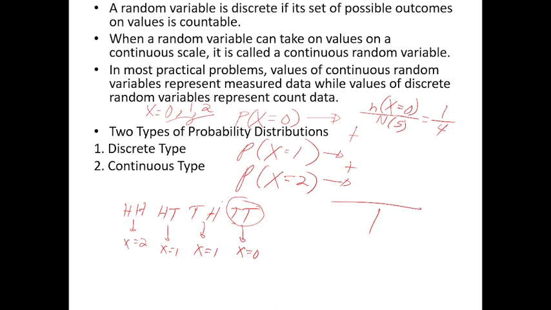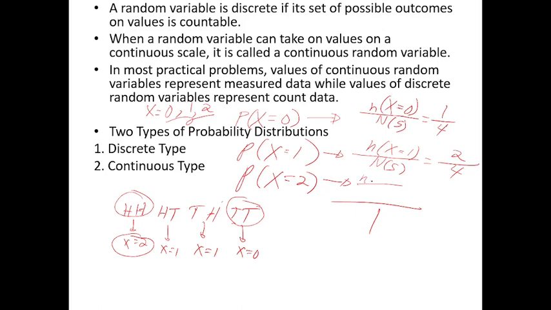Okay? And then, para naman dito, ilan yung outcomes dun sa ating x equals 1? Dalawa. Ito tsaka yun. 2 out of 4. Dito sa x equals 2, meron lang tayong isa.